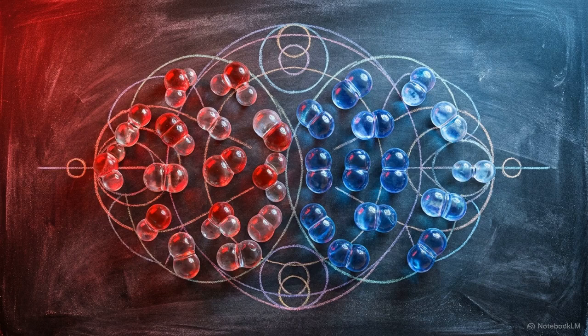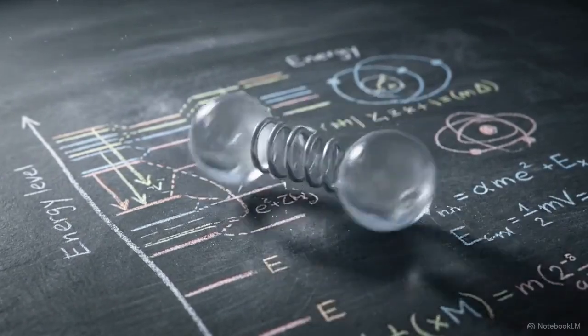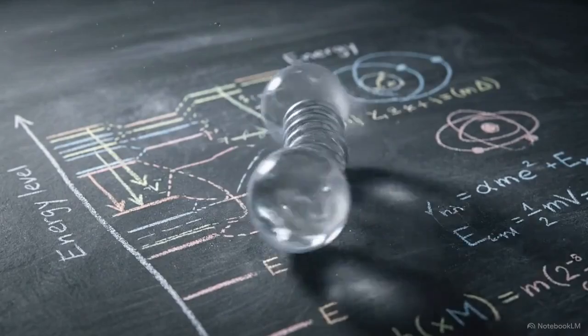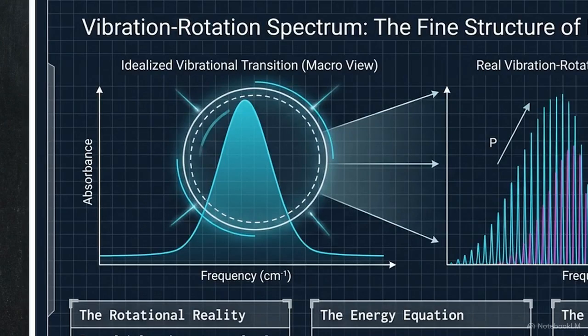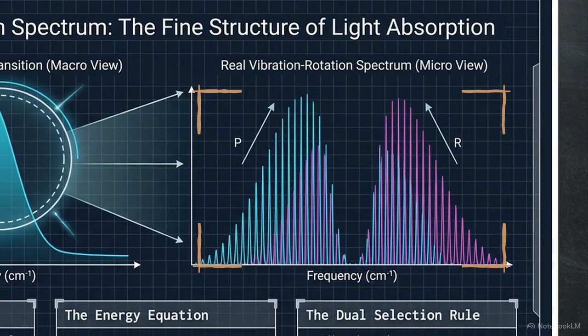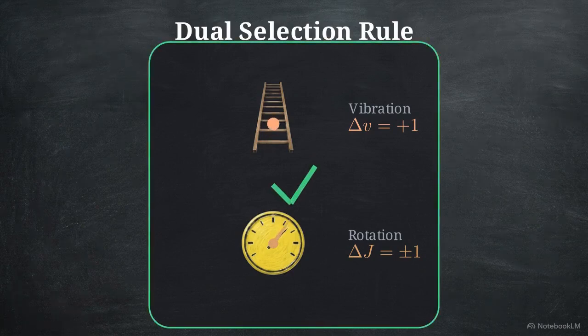There is a final layer of physical complexity. In the gas phase, molecules rarely just vibrate. They change their vibration and rotation simultaneously. This graphic reveals the reality. Instead of a single clean absorption peak representing an isolated vibration, real-world data resolves into a complex microview of closely spaced rotational lines. This is governed by a dual selection rule. The vibrational state must change by one step, while the rotational state must simultaneously jump exactly one step up or one step down.